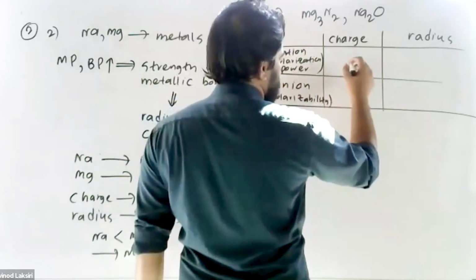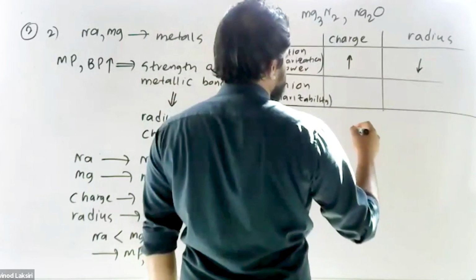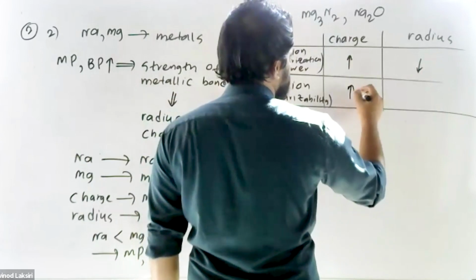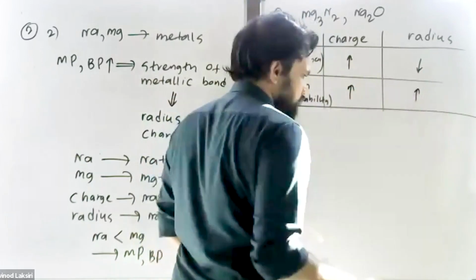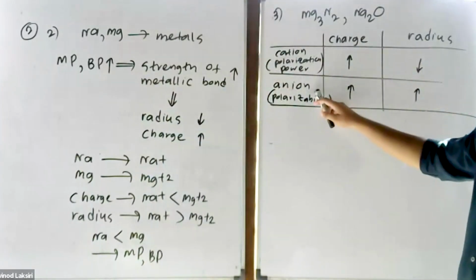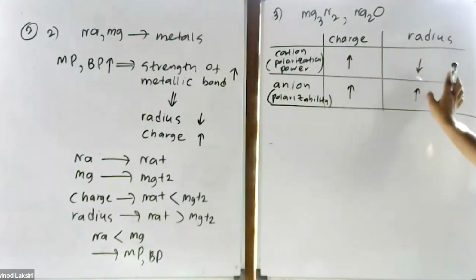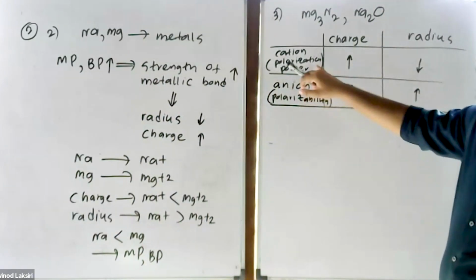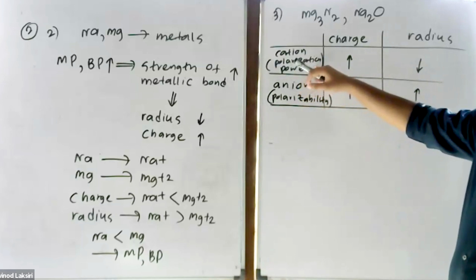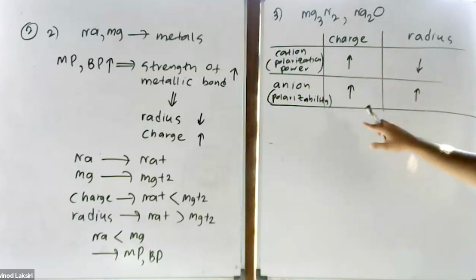So when considering cation, with increasing charge and with decreasing radius. Then considering anion, with increasing charge and with increasing radius. You understand? Polarizability of anion increases with increasing both charge and radius. Both should be increased, right? Polarization power of cation increases with increasing charge and with decreasing radius, right?